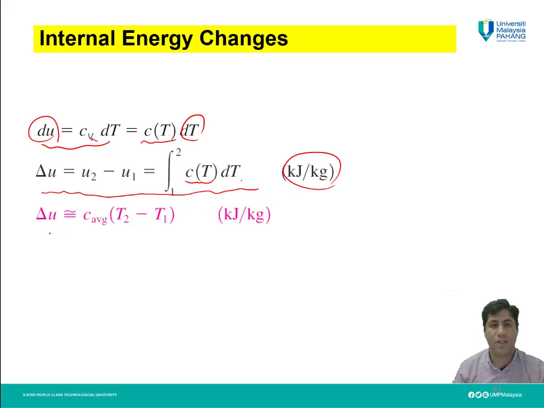And the other equation which we had for gases, delta U is approximately equal to C average times T2 minus T1. If you remember, this was like this.